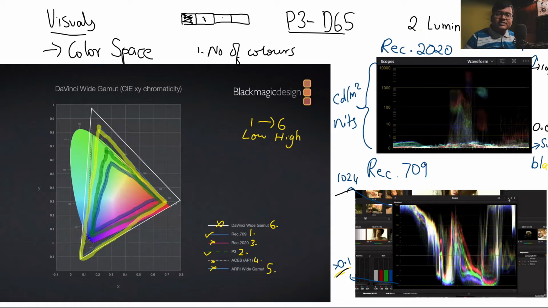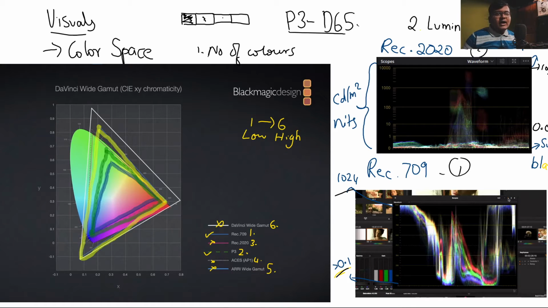Rec 709 is the one we have in mobiles, not the iPhones, but in mobiles. Even the cheaper DSLRs have Rec 709. Rec 2020 is new to the market, and many monitors are there, but not so much. P3 D65 is the common color space for DCPs and for cinemas.